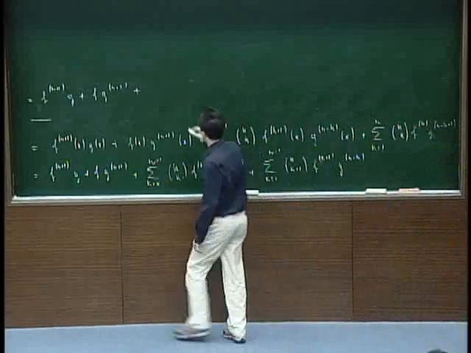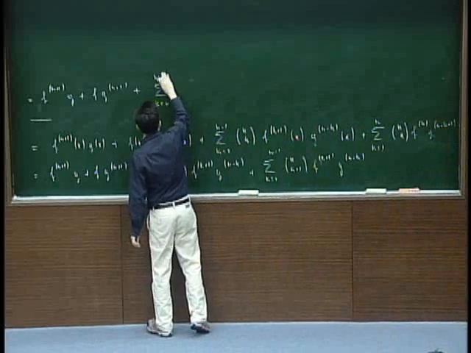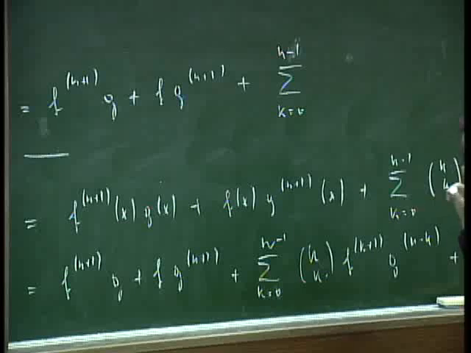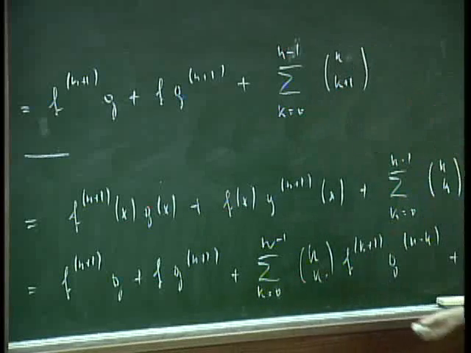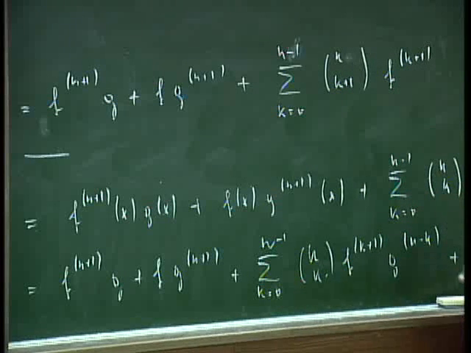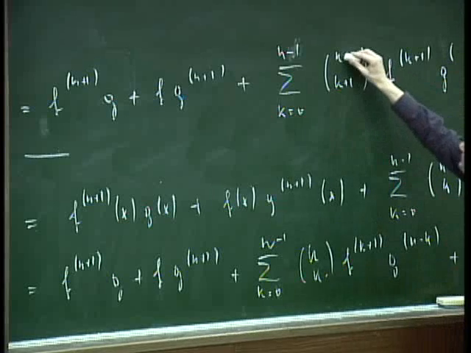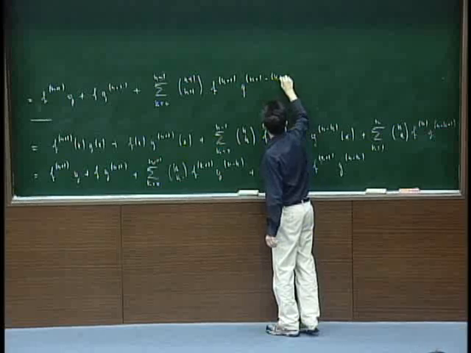Okay, so you have the sum k from 0 to n minus 1, n plus 1 choose k plus 1, f, so the k plus first derivative of f. And this we write here now as, sorry, here's n plus 1, we write this as n plus 1 minus k plus 1.